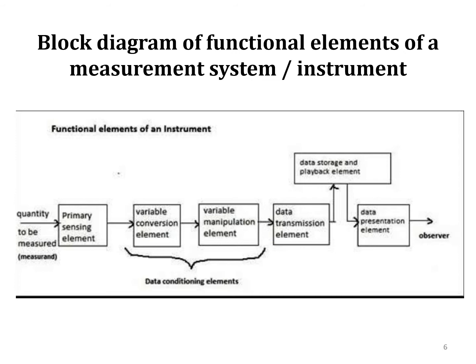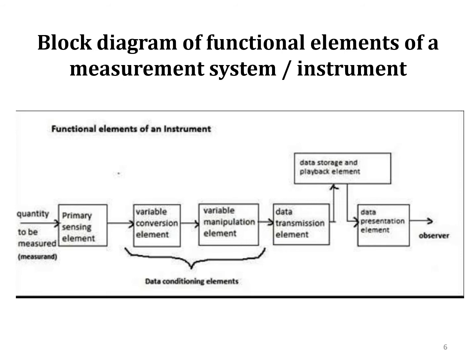The sensor will acquire the signal from the quantity to be measured, and the output of the primary sensing element is given to the data conditioning element. This data conditioning element consists of two blocks, the variable conversion element and the variable manipulation element.